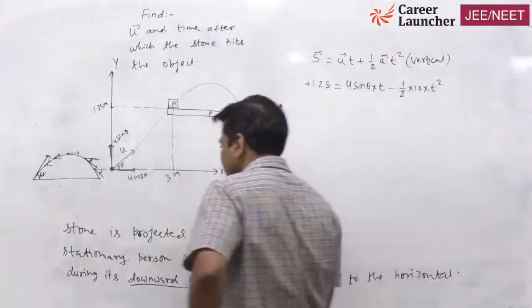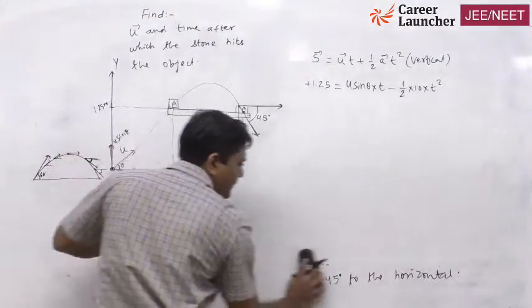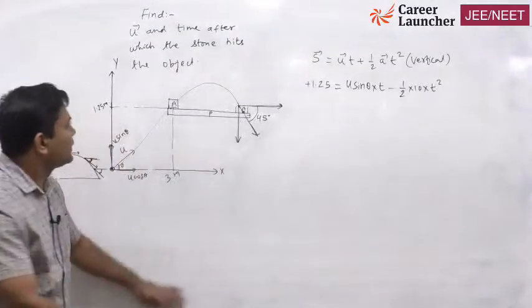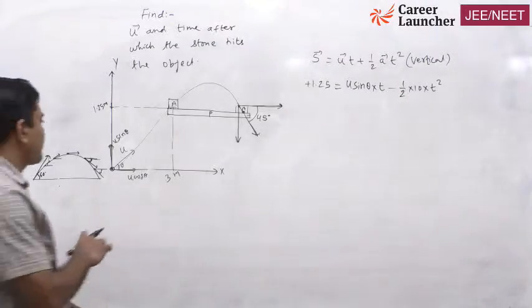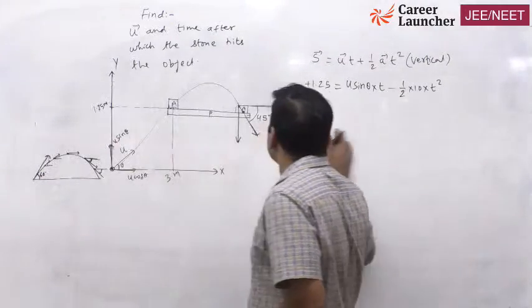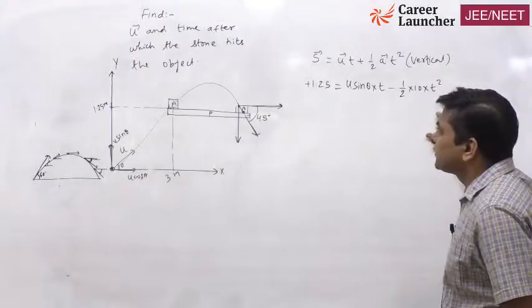Just a minute. It travels 3 meters before hitting that, so you can write that equation also. So what is the equation in this case? 3 plus, let me tell you. I hope this equation is clear to you.